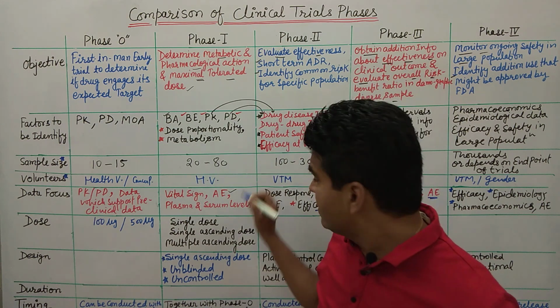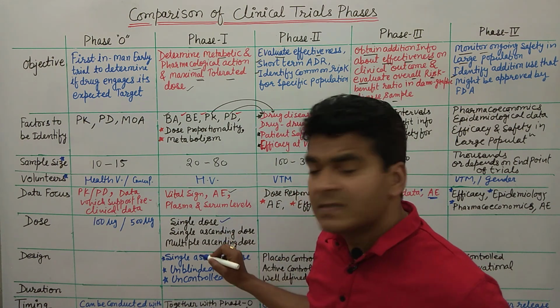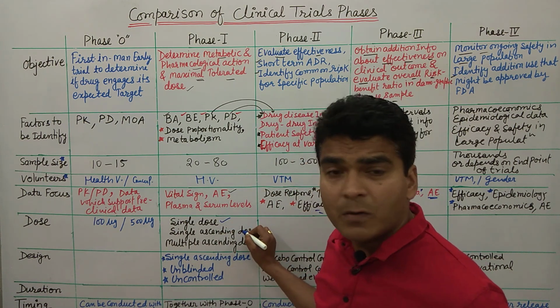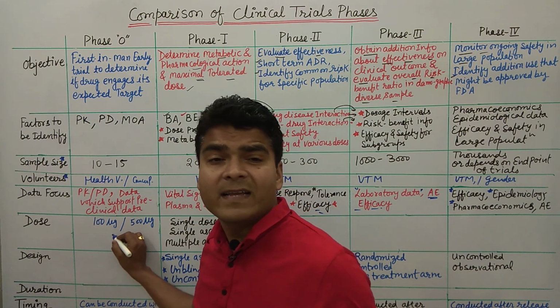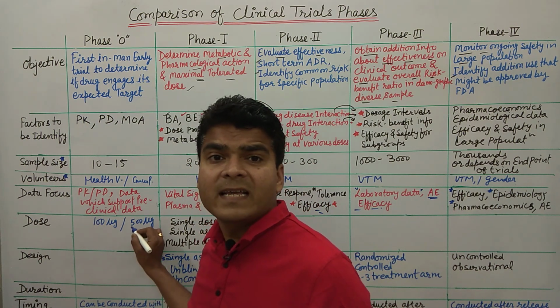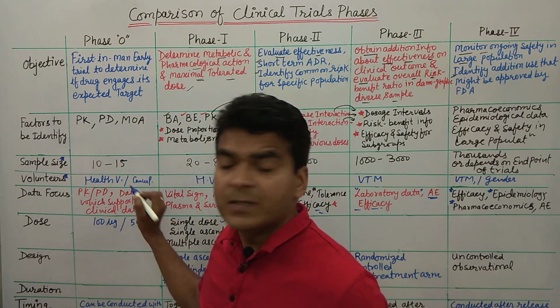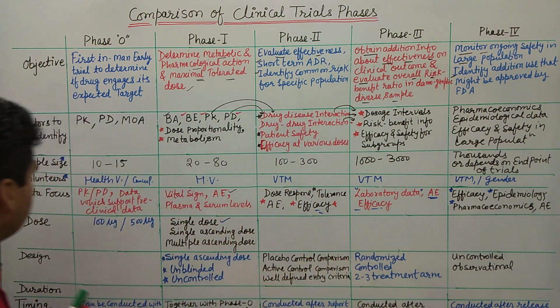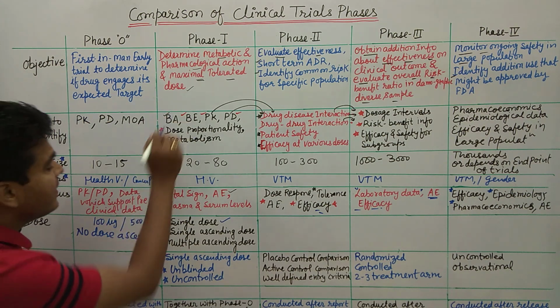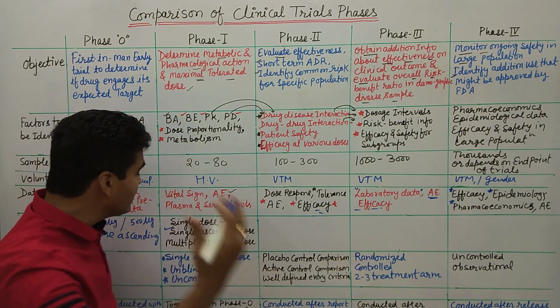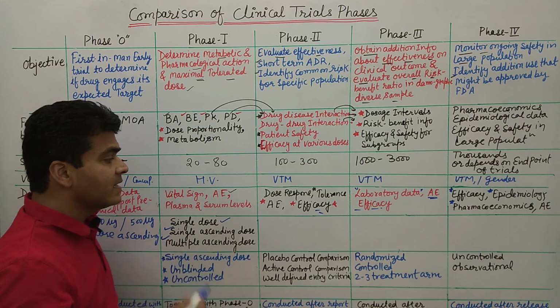Then in phase 1 generally we are taking single ascending dose, okay. No dose ascending is possible in phase 0, so I am writing here that we are not doing any dose ascending, but in phase 1 we are doing single dose ascending and multiple dose ascending.